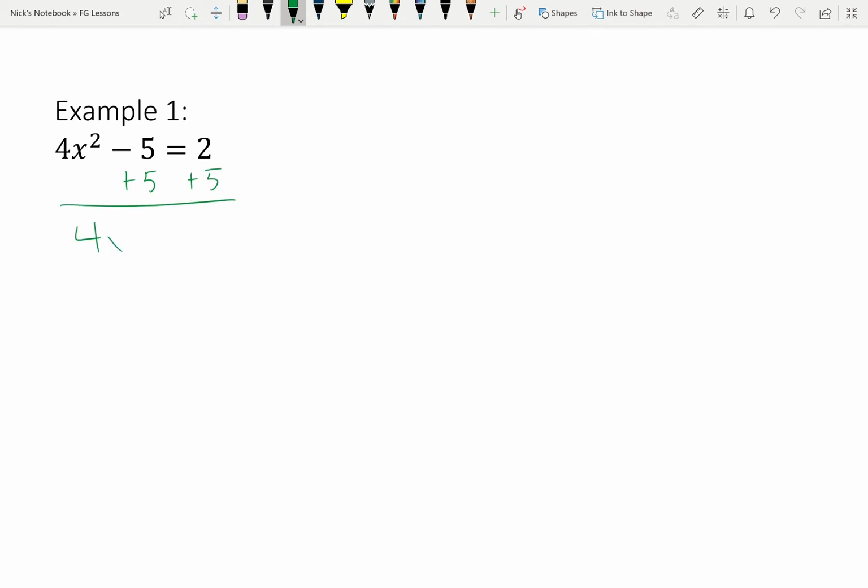So we're left with 4x squared equals 7. The x squared isn't by itself yet, so let's divide by 4, the opposite of multiplication. So right here we have x squared equals 7 over 4.